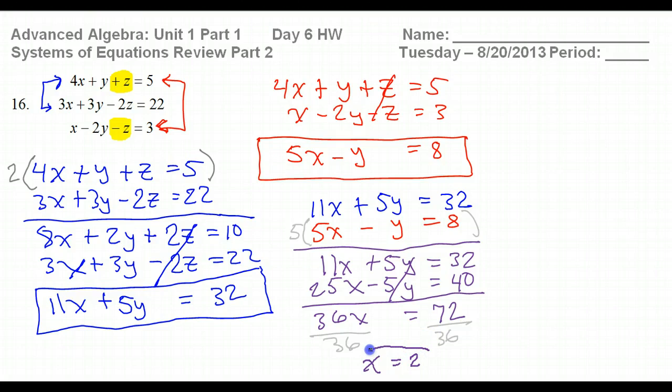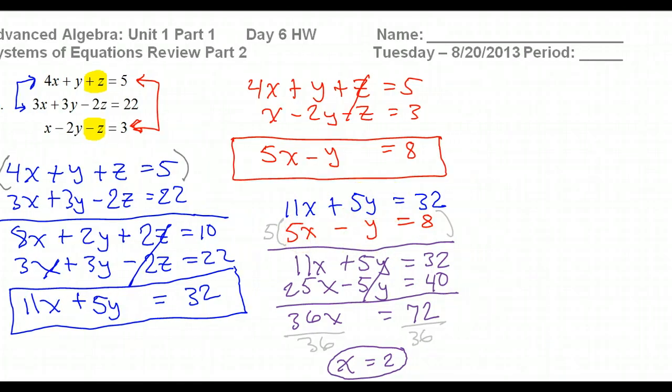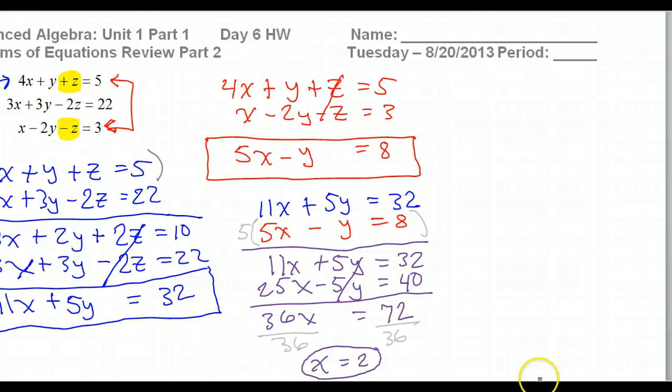So there's my first value that I get to keep, x equals 2. I found x. So before I go back to anything else earlier, I'm going to stick around and find y. I can use either the blue equation or the red equation to substitute into. I'm going to go ahead and use the red equation to get that done.